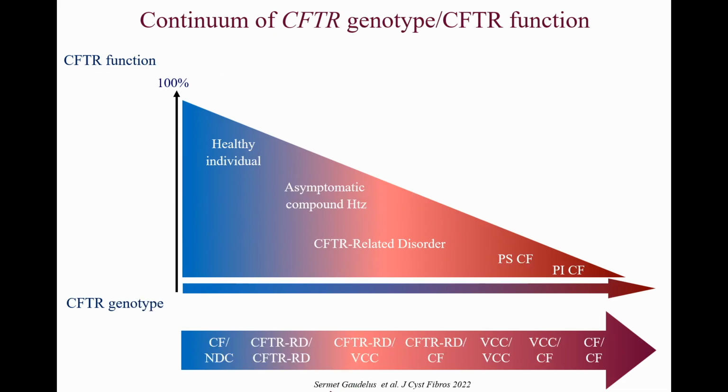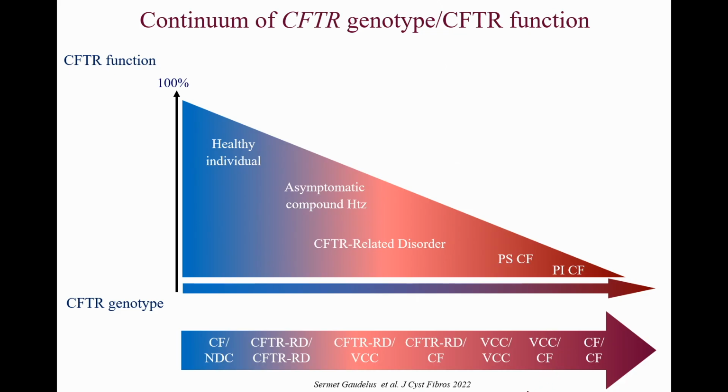And this wide range of CFTR activity combines with the other allele, associating VCC variants or CFTRD with CF-causing variants or VCC, and enables us to construct this potential theoretical classification from CF associating with the non-disease-causing variants to CFTRD-CFTRD, CFTRD-VCC, CFTRD-CF, VCC-VCC, VCC-CF, and CF-CF.